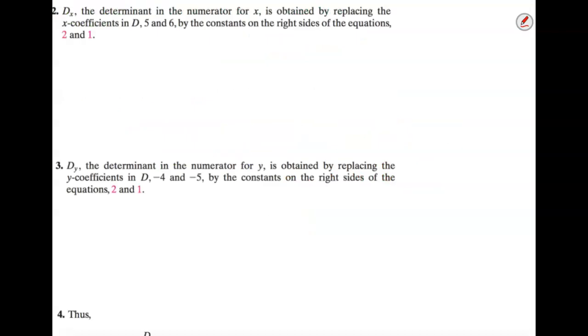We're going to find the determinant of D sub x. You replace that 5 and 6 with the constants on the right side of the equation. Remember, those were your constants in red.